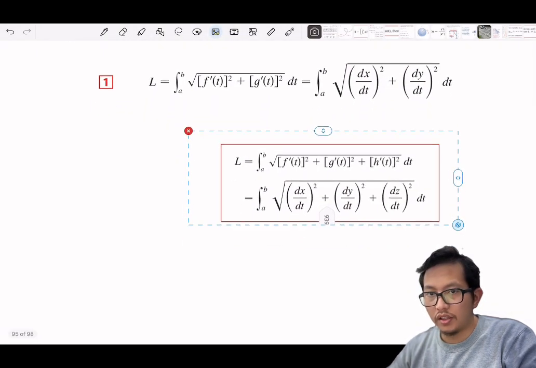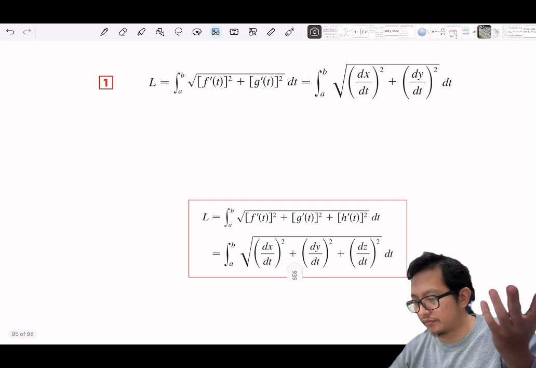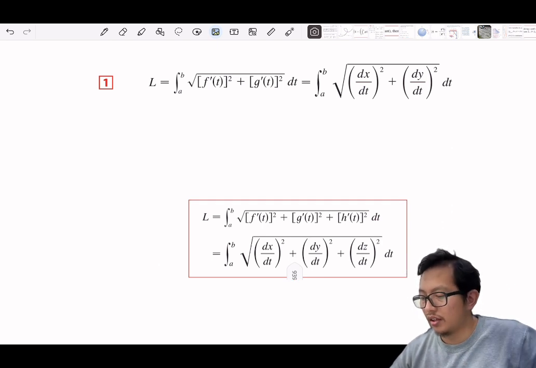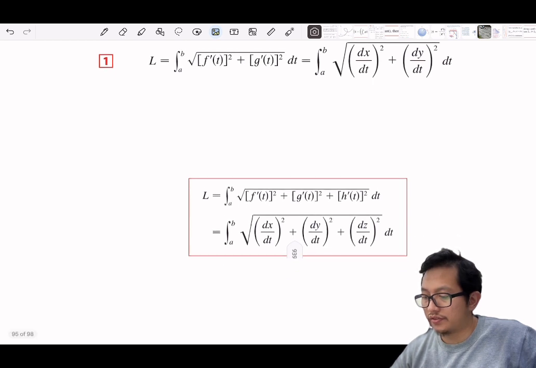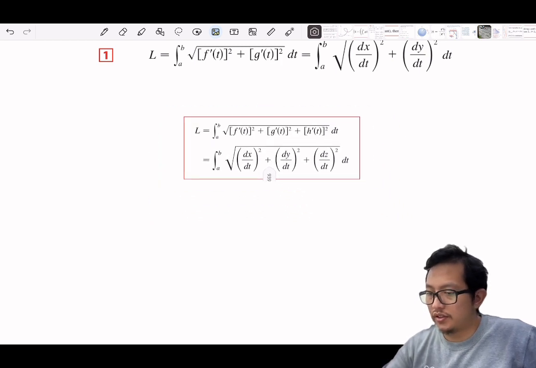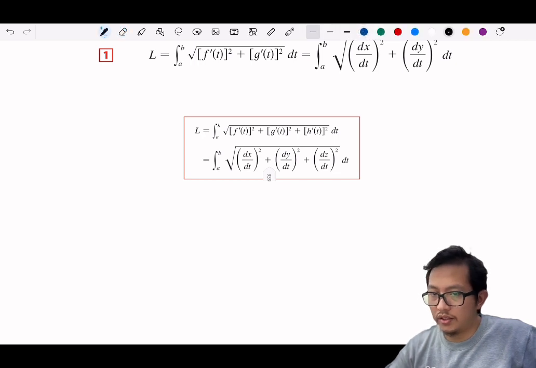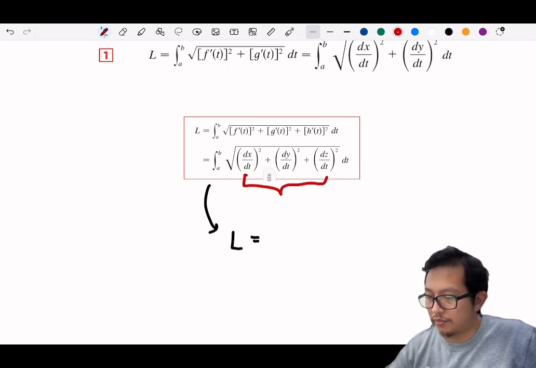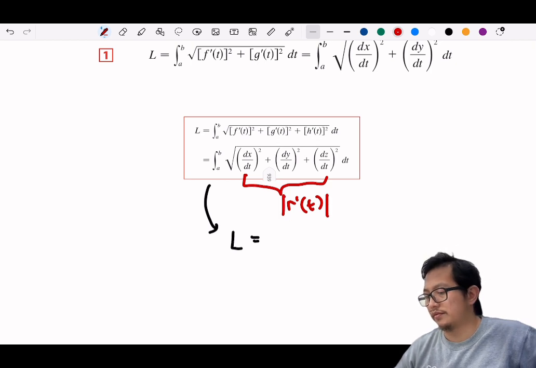Now if we take into the definitions on our vector functions, we can also simplify this in a cleaner way: all this stuff inside the square root will be just the magnitude of r prime t.